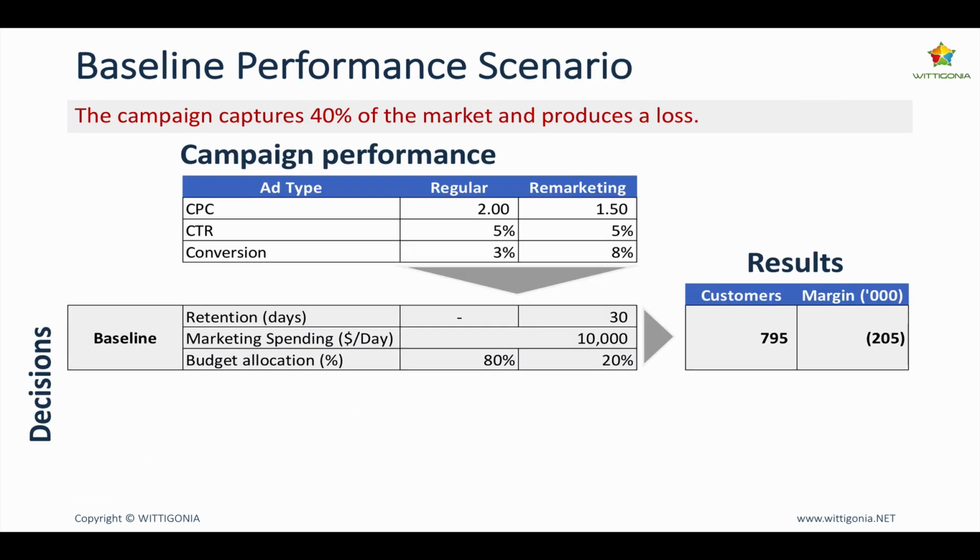So the question is, what can we do now? The basic performance of this campaign setting brought us about 795 customers, and as I said before, there are 1200 customers still available, but it also produced a loss. That's pretty unfortunate. We really don't like that.